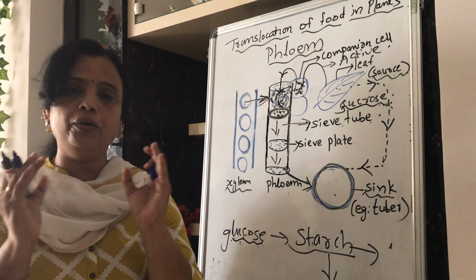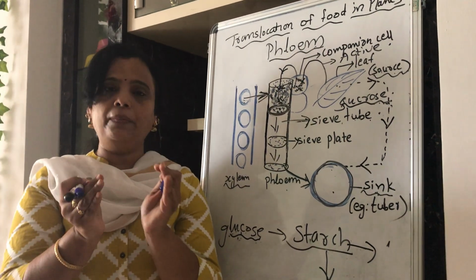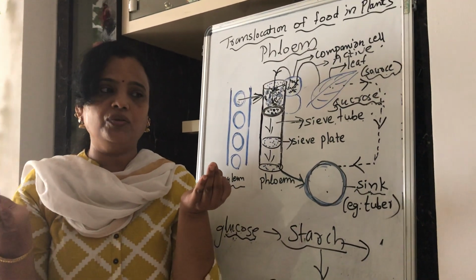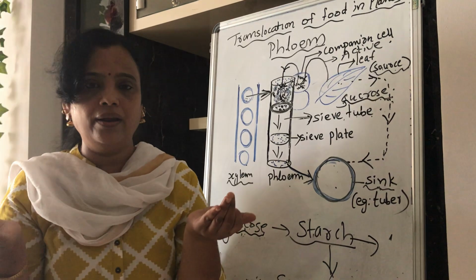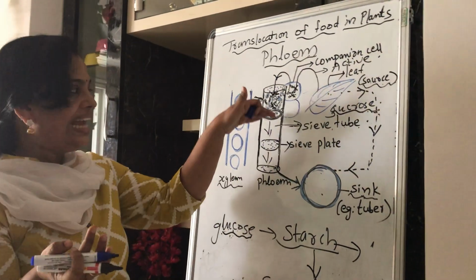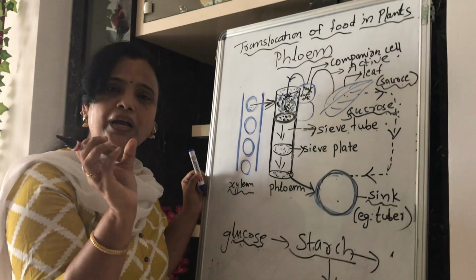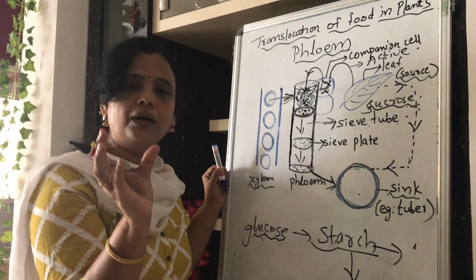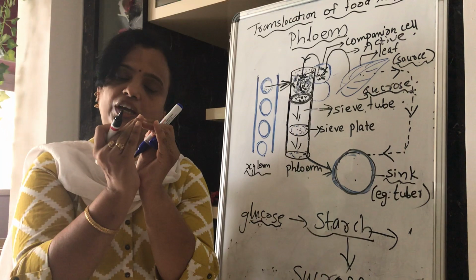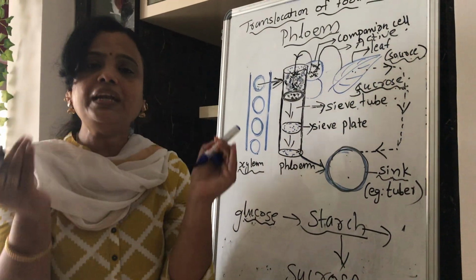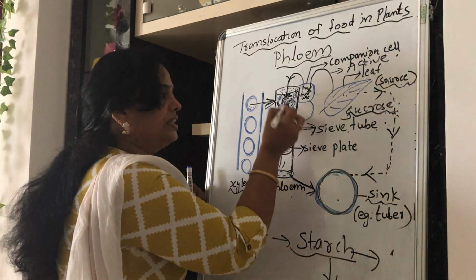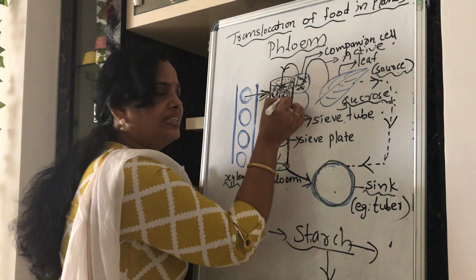It will swell, it will become swollen, right? It becomes highly elastic in nature. So when it becomes turgid, the turgor pressure will increase here.